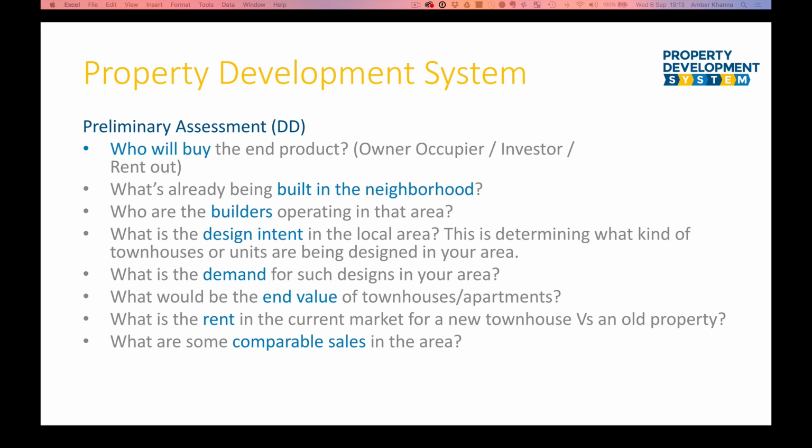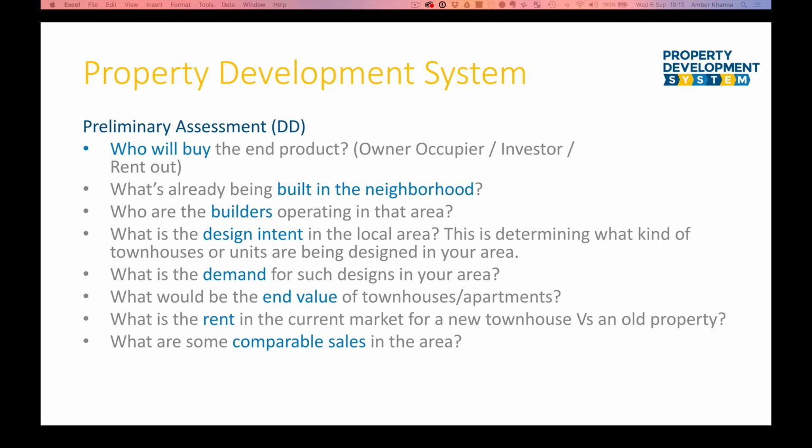So what is the design intent in the local area? This determines what kind of townhouses or units are being designed in your area. It could be reverse living, which usually happens close to the beach areas, and it happens a lot in the areas that I work in. The lounge and everything is on the first floor, so people can take advantage of the views, and the bedrooms are on the ground floor, because there aren't any views there.